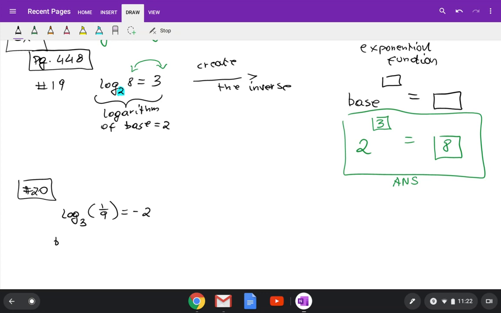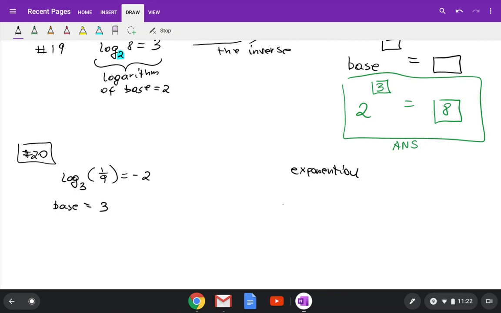So the base of this log is equal to 3. So when you create the exponential function, it will have the same base, which will be 3. And now we just need an exponent, an equals sign, and a number. So we have a base.